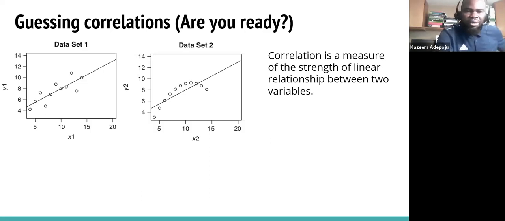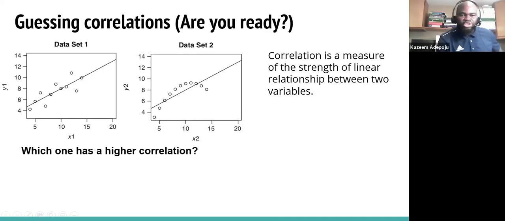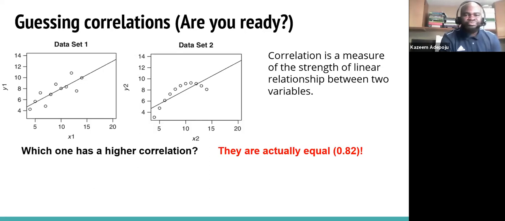If you look at the next question, I said which one has a higher correlation? That is the question right here. Let me tell you something. I told you the other time that if you have a linear relationship, you can find correlation.